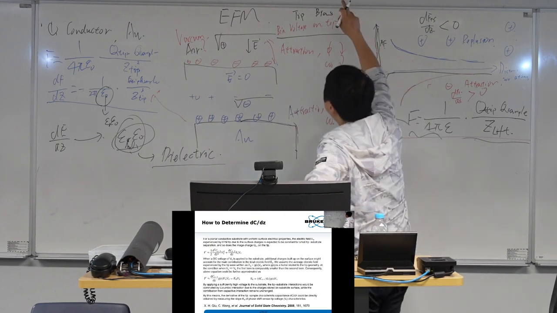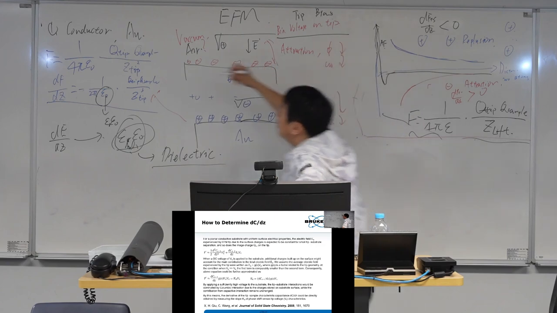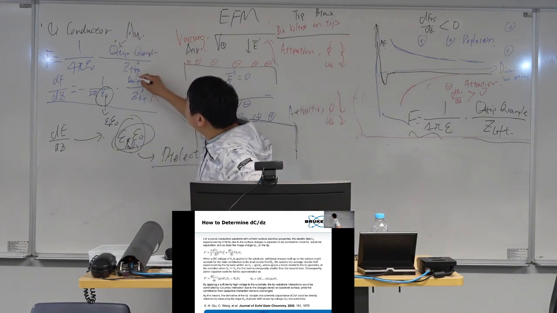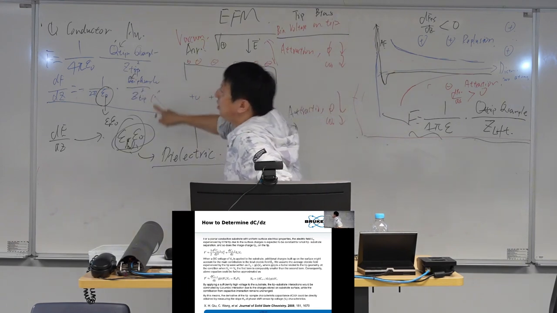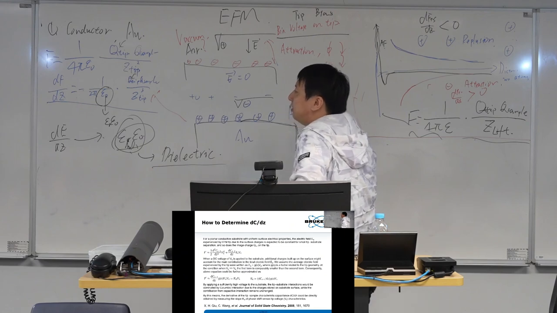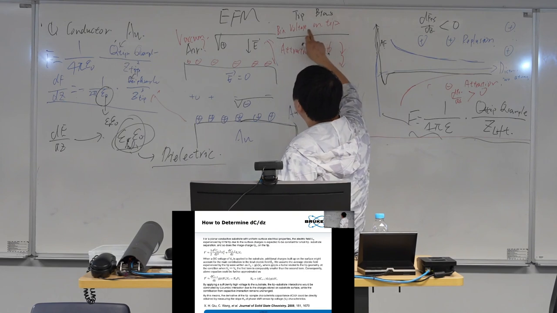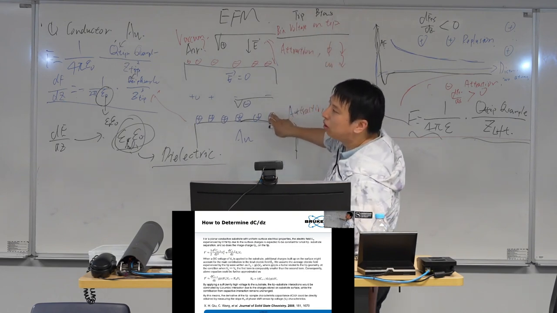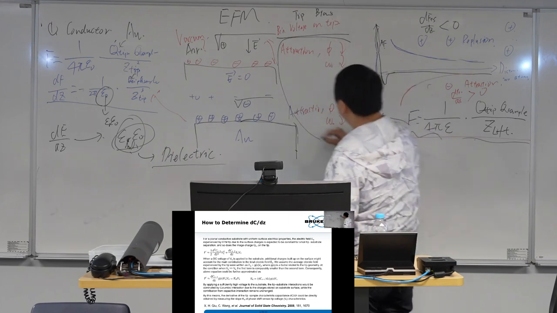By adjusting the tip bias, we are actually adjusting the Q tip. And by adjusting the Q tip, we just change the Q sample because they are kind of the same. No matter whether we apply a positive bias or a negative bias, we always get attraction.